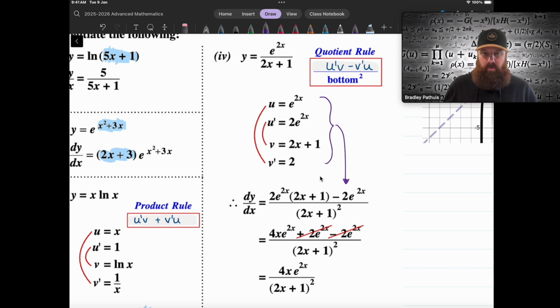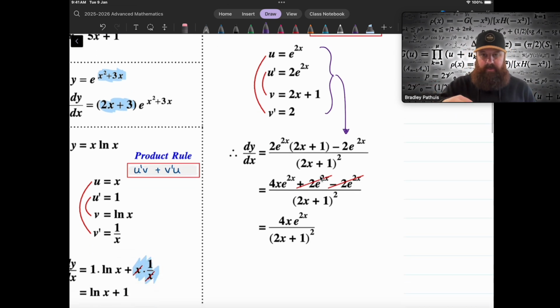And we go through, and you can read that along there, that the derivative of e to the 2x is 2e to the 2x, and the derivative of 2x plus 1 is just 2, and then we multiply and subtract what we need, and simplify our fraction where we can as well, and we get to our answer.